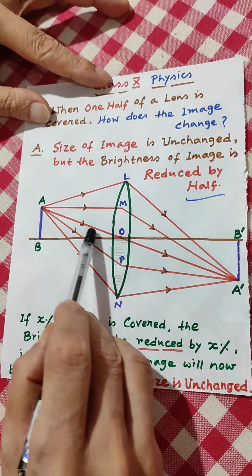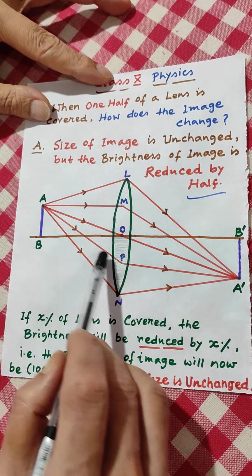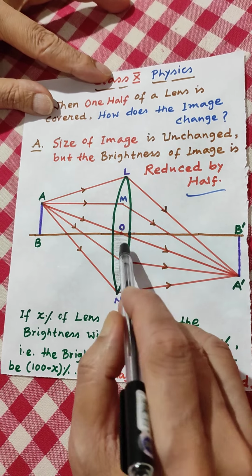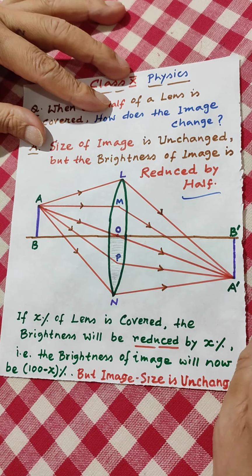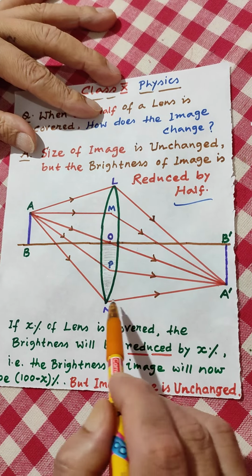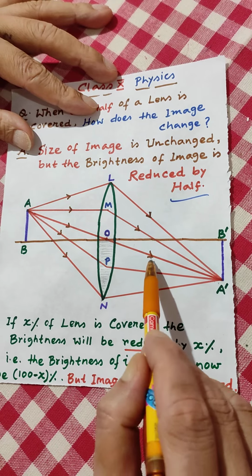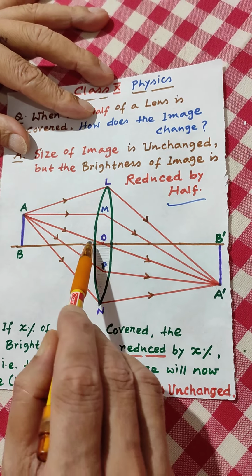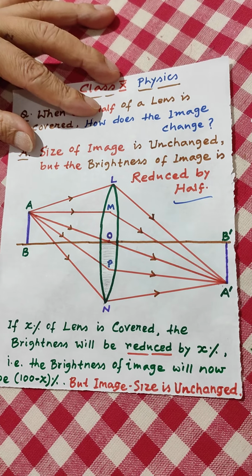Therefore these incident rays AO, AP, AN will not be able to pass through the lens. Therefore these emergent rays OA dash, PA dash and NA dash will not be present. They are absent because these incident rays are not able to pass through the opaque part of the lens.